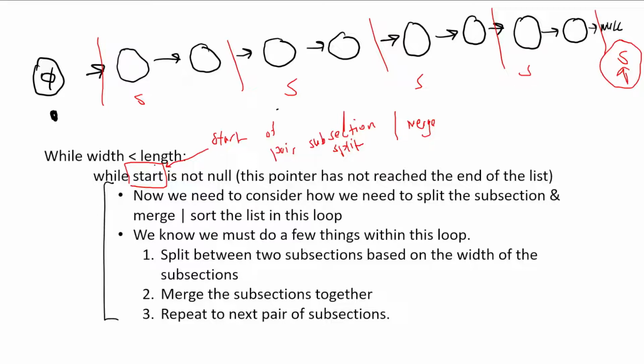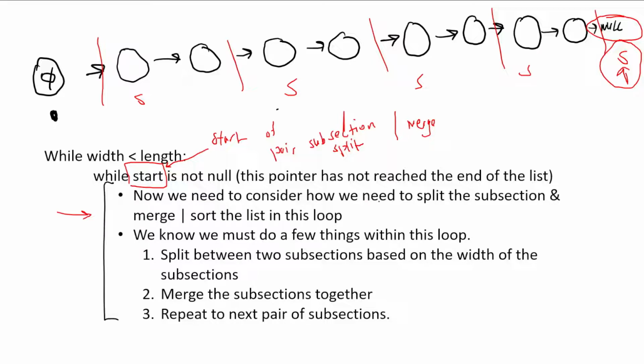So we want to have this loop run while the start is not null, because null for the linked list would indicate that that's the very end of the list. So we want to consider what would be the logic inside of this loop, then, for splitting the subsections and merging.